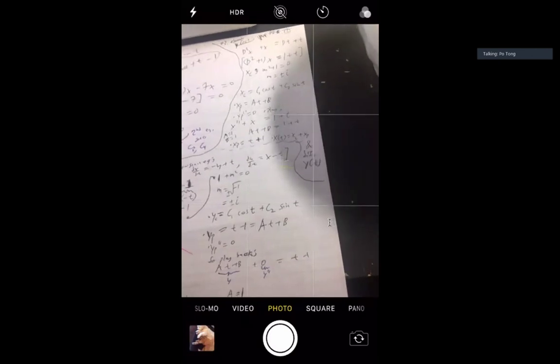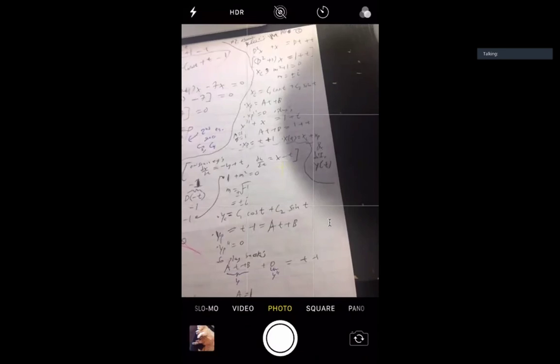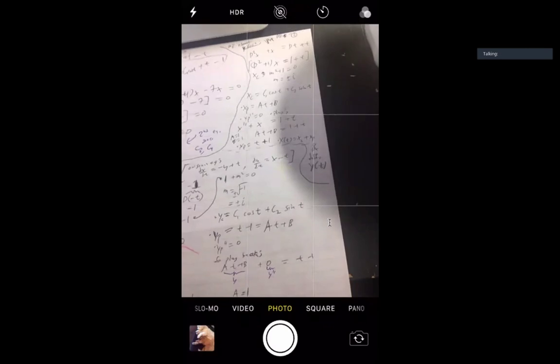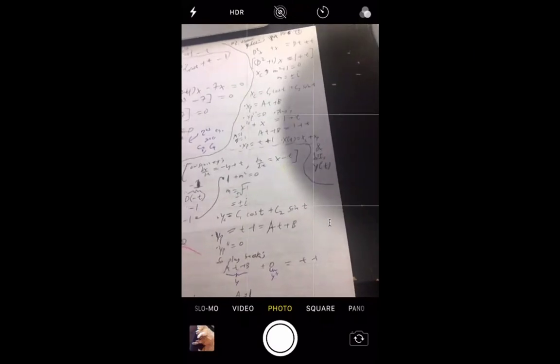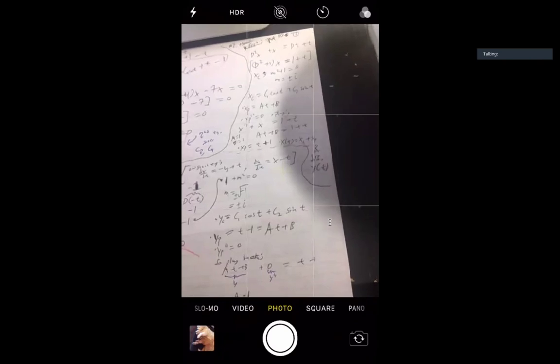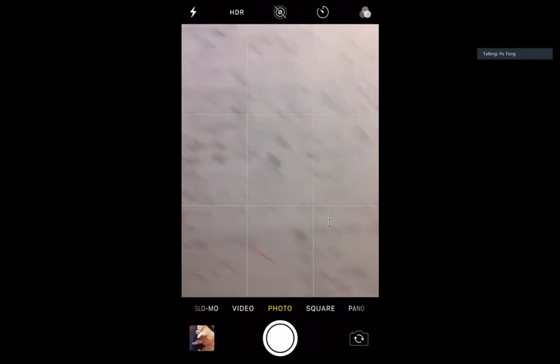The other one is some expression of C1 and C2. So here's what I'm trying to say. I don't know whether you know what I'm saying. Can you see my board or not? Yeah.